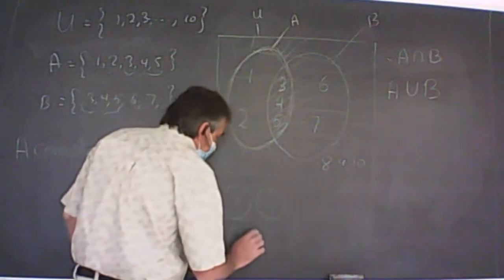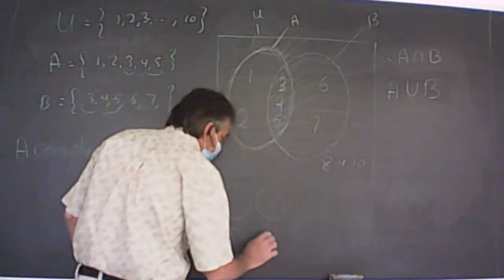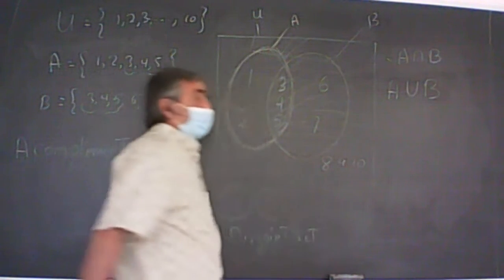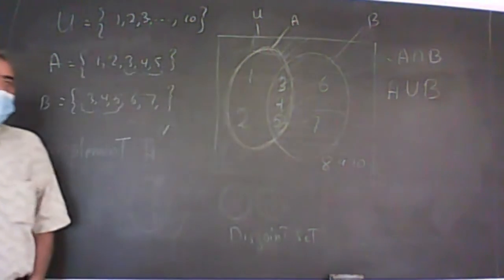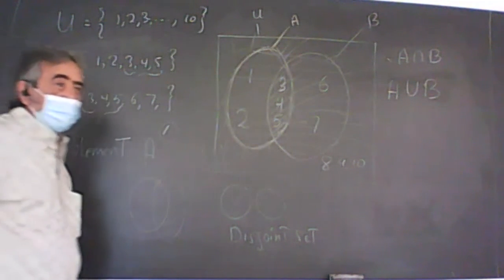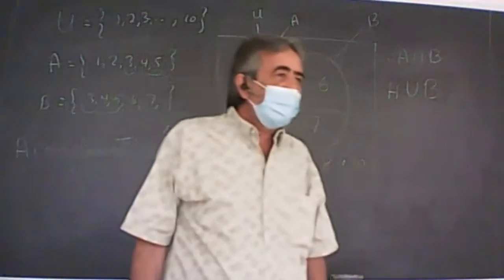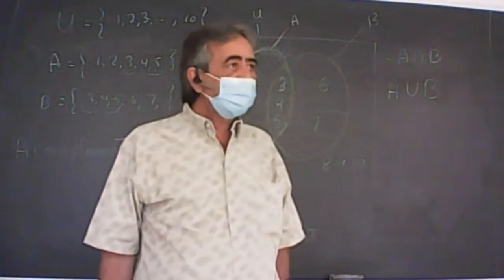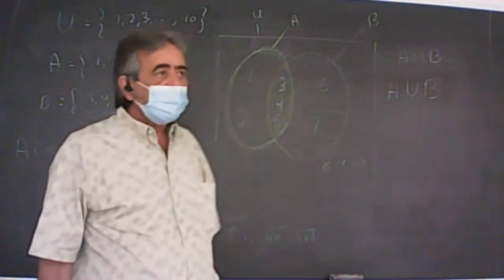So these are disjoint sets. And for disjoint sets, the intersection between them is 0. There's nothing there. Yes? The empty set. The intersection between disjoint sets is the empty set. The number of elements of the intersection would be simply 0. Yeah?